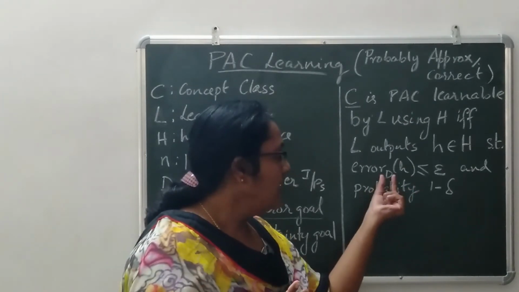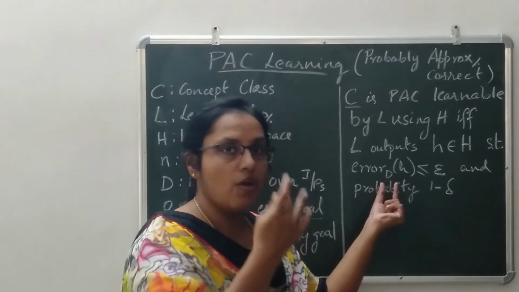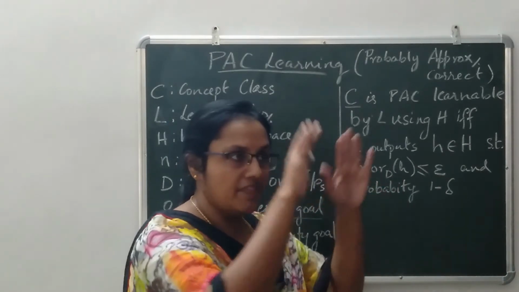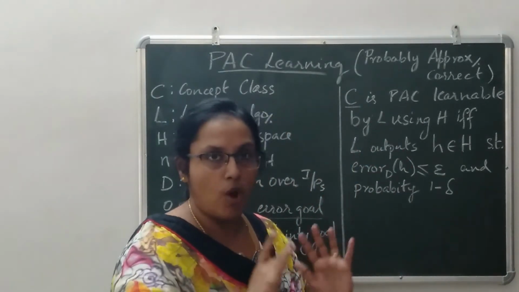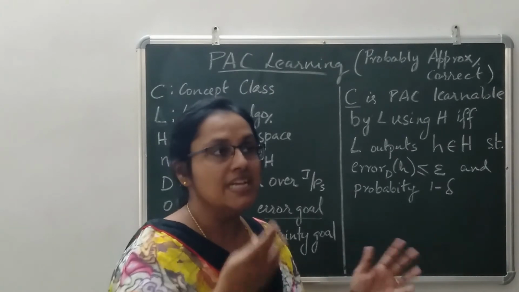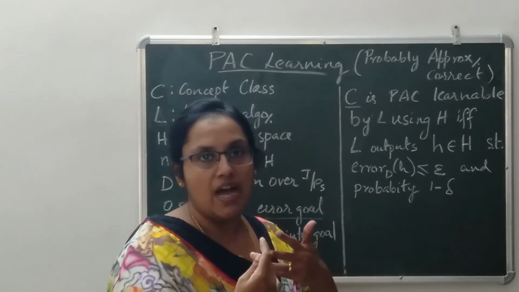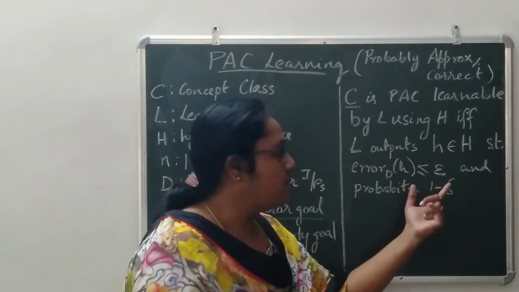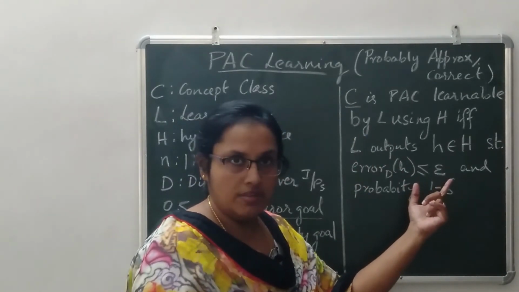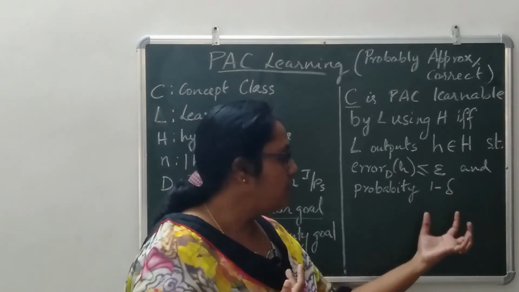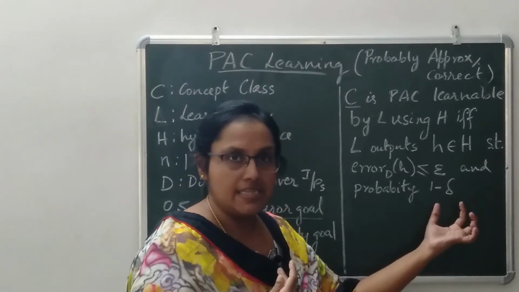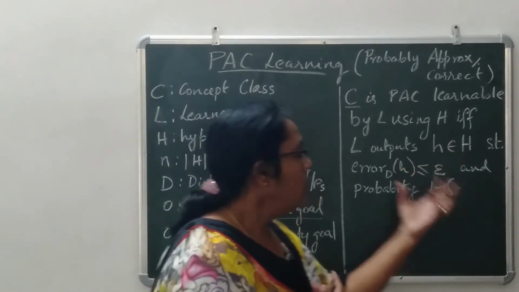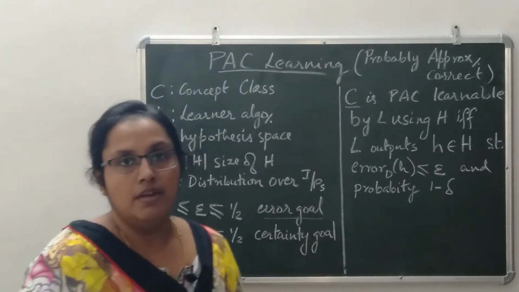So that is why, with this D, the same space or probability distribution of the training samples, similar questions must be asked, and your error in that case must be less than or equal to epsilon. That means your certainty must be 1 minus delta. Okay, so this is a PAC learnable example.